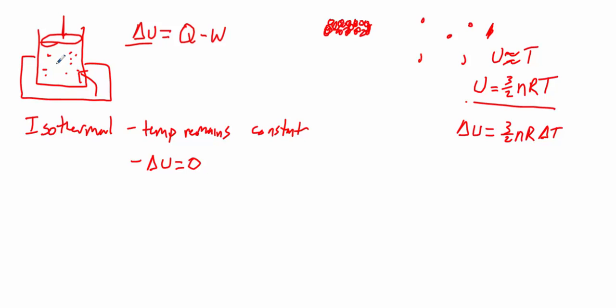I'm going to add heat to this thing without the internal energy increasing. So if 0 equals Q minus W, whatever heat I add has to be converted into work. So Q equals work. So what this means in an isothermal process is that heat added is equal to work done.